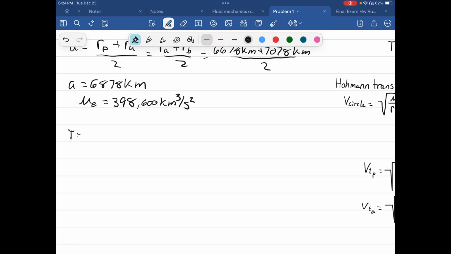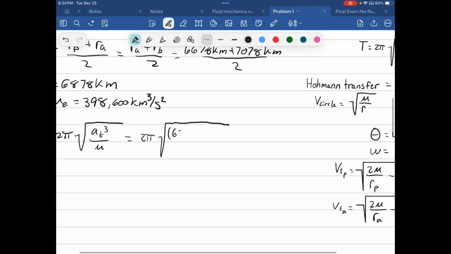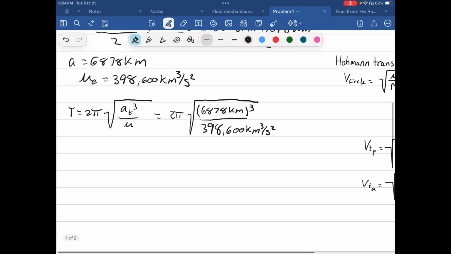And that's going to be a number that you'll probably end up memorizing. So we find T period equals 2 pi times the square root of a_t cubed over mu, which equals 2 pi times 6,878 kilometers cubed over 398,600 kilometers cubed per second squared, and that all equals 5,676.81 seconds.